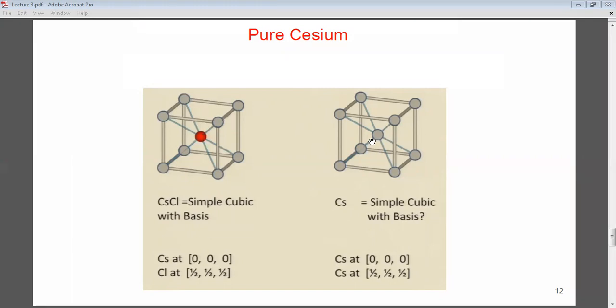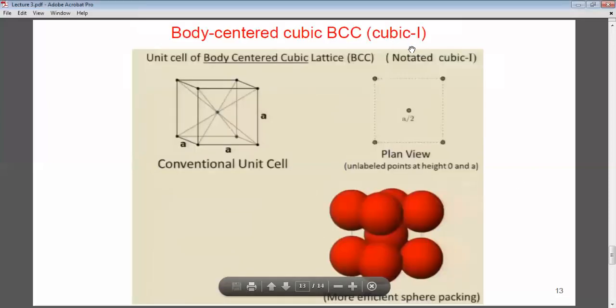This by itself, if I look at it, is another very important type of lattice that we will be studying. It's known as the body-centered cubic lattice, or what we refer to as cubic I.